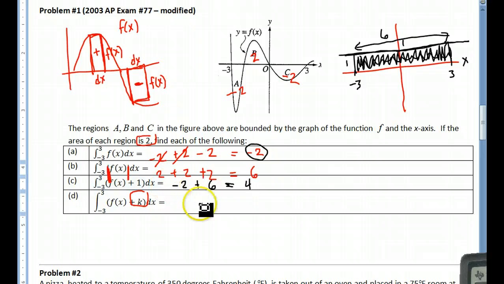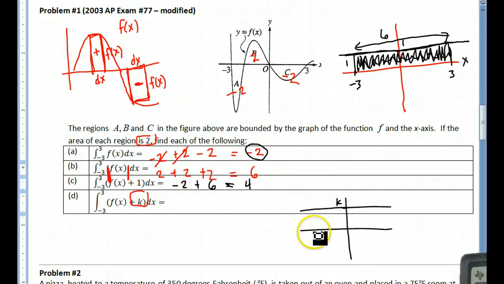Oh. So in this case, the next case might help clear things up. What's this graph going to look like, the plus k? It's going to be very similar, except instead of 1, it's going to be just k. So if this is k, and I'm finding from where to where? -3 to 3.